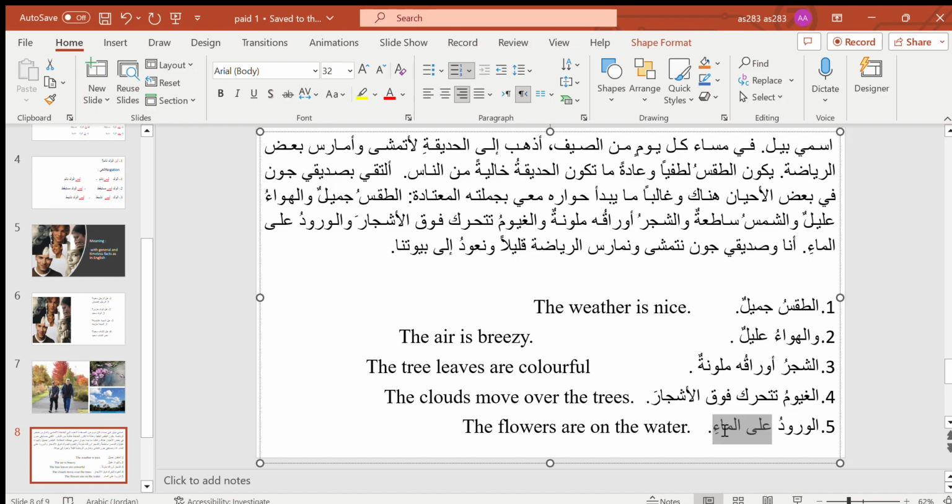Okay, it is the same situation as in sentence number 1, 2, 3. We don't need to have a verb if the subject is immediately followed by a prepositional phrase, because the prepositional phrase forms the predicate of the sentence, or it is a predicate to the subject. So al-wurudu, okay, what about al-wurudu, the flowers on the water, or on water. So there's no need for a verb.